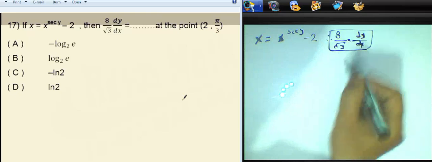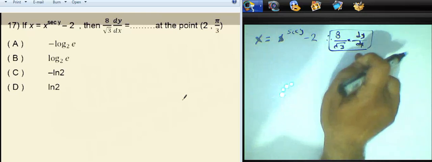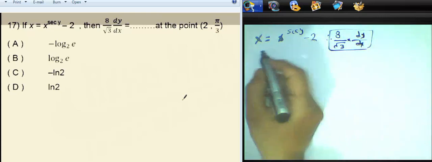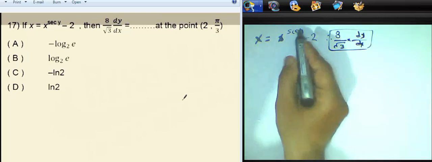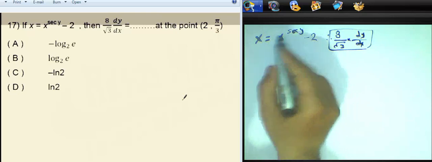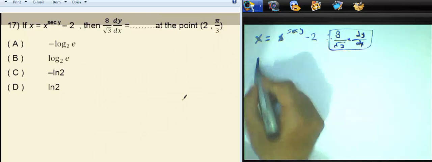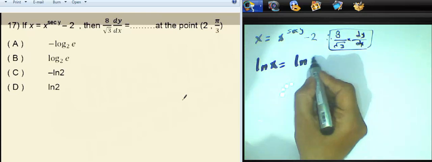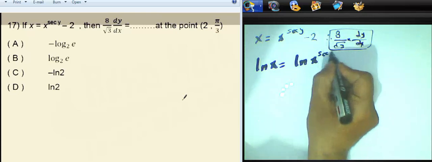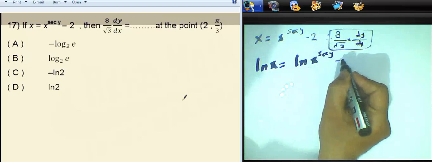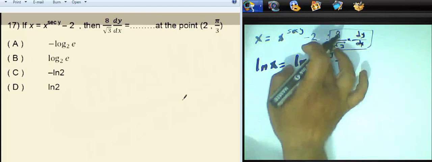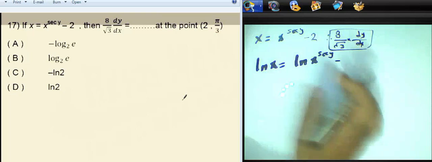First we must find dy over dx, put the result here, multiply between them, and find the result in the simplest form. Here x and the power function, we can write ln on the left hand side and right hand side. Here negative 2, or you can move negative 2 to the first side.